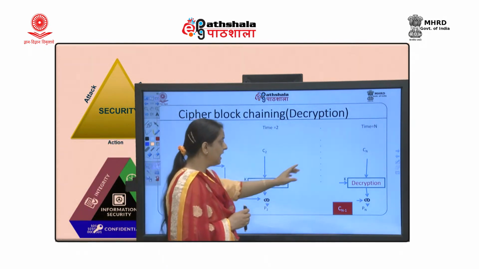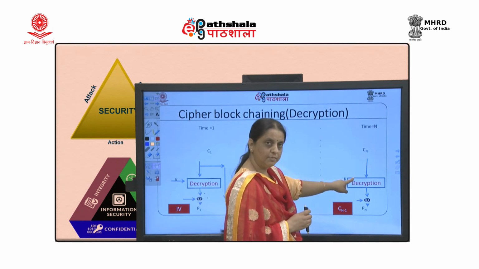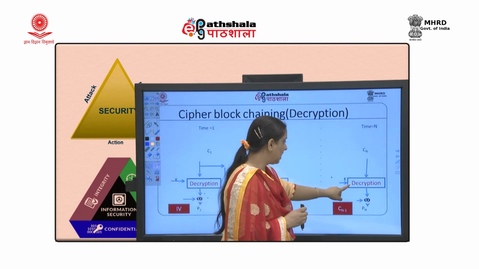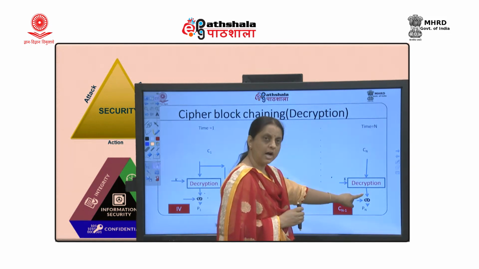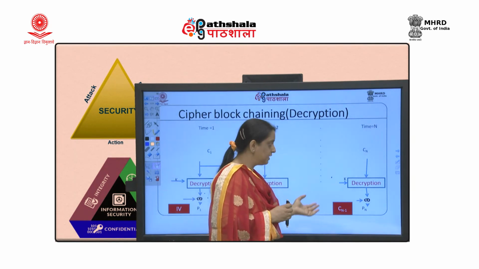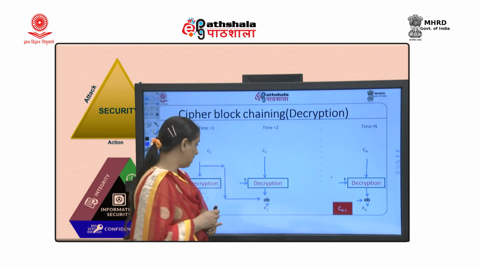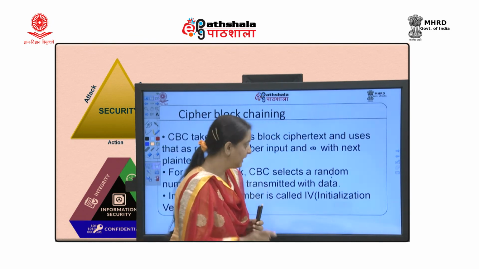In the same way, in the last block, Cn would be fed into the decryption block, K would be inputted again, and whatever the output may be, it would be exclusive OR with the ciphertext of the previous block to get the plain text for the nth block. This is how decryption works.